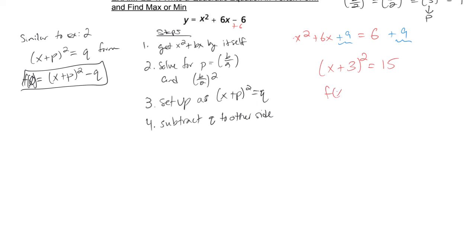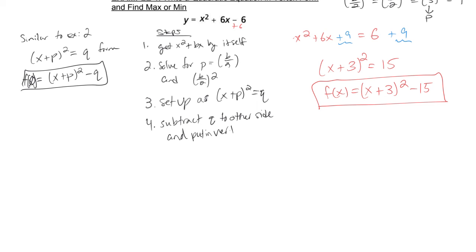So f of x equals (x plus 3) squared minus 15. So that is in vertex form. Again, that's (x plus p) squared minus q, and f of x equals that. That should remind you back to section 2.1, vertex form.